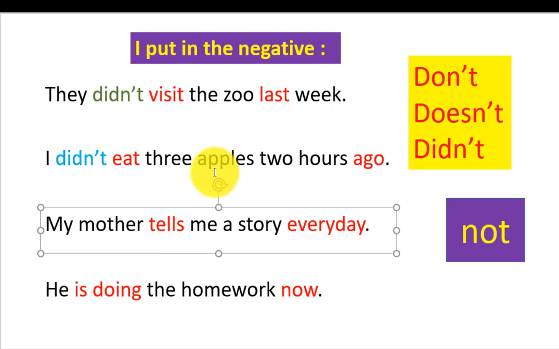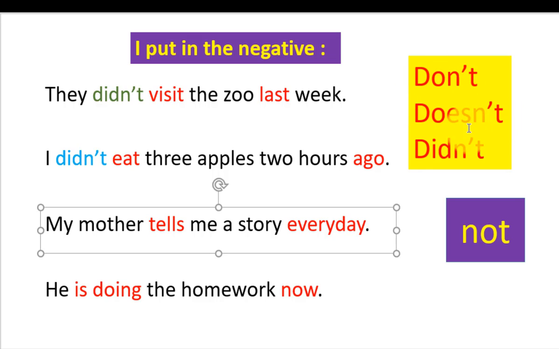Can I use don't? We will see. My mother. With which pronoun can we change my mother? Can we change my mother with they? No. With which pronoun? Yes, with she. What do we say? She don't or she doesn't? Of course we say she doesn't. Yes, we will take doesn't, not don't.